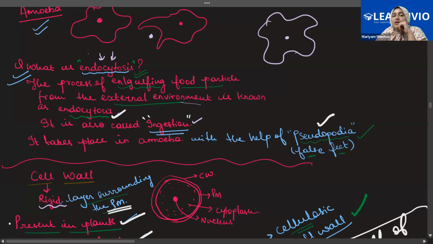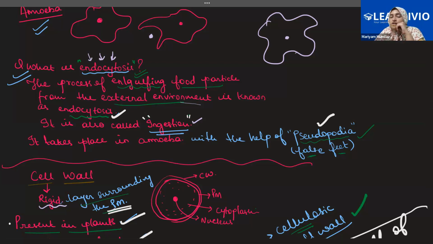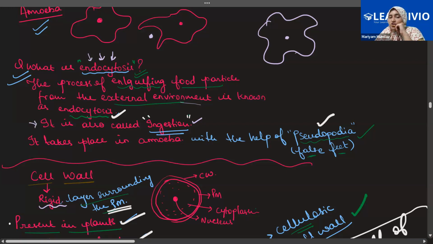This process is called endocytosis, and you can also call it ingestion. So the process of engulfing food particles from the external environment is known as endocytosis.